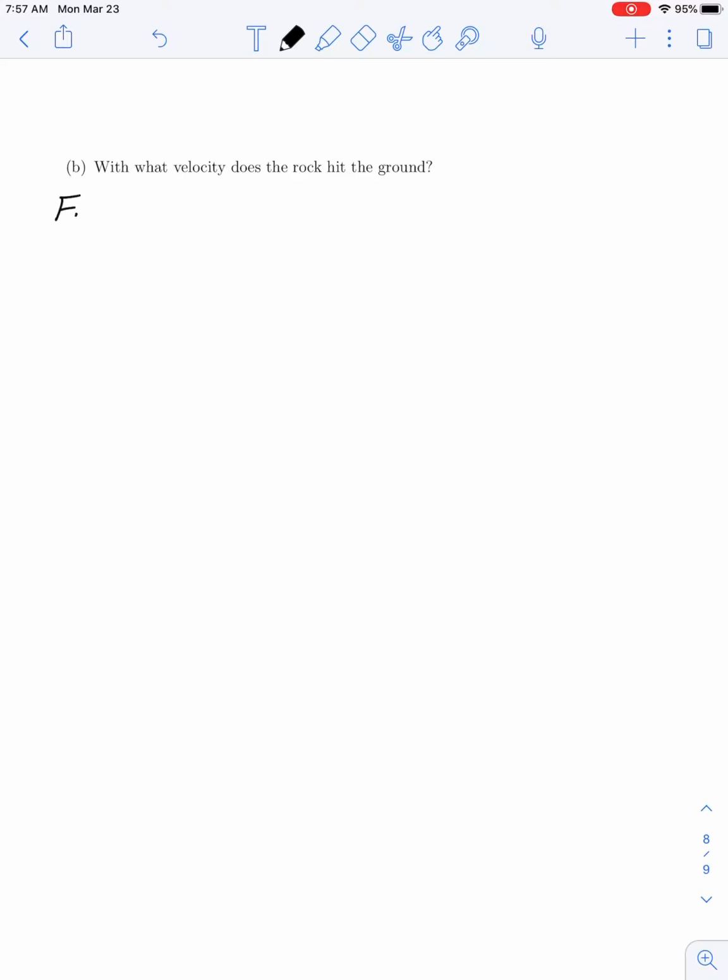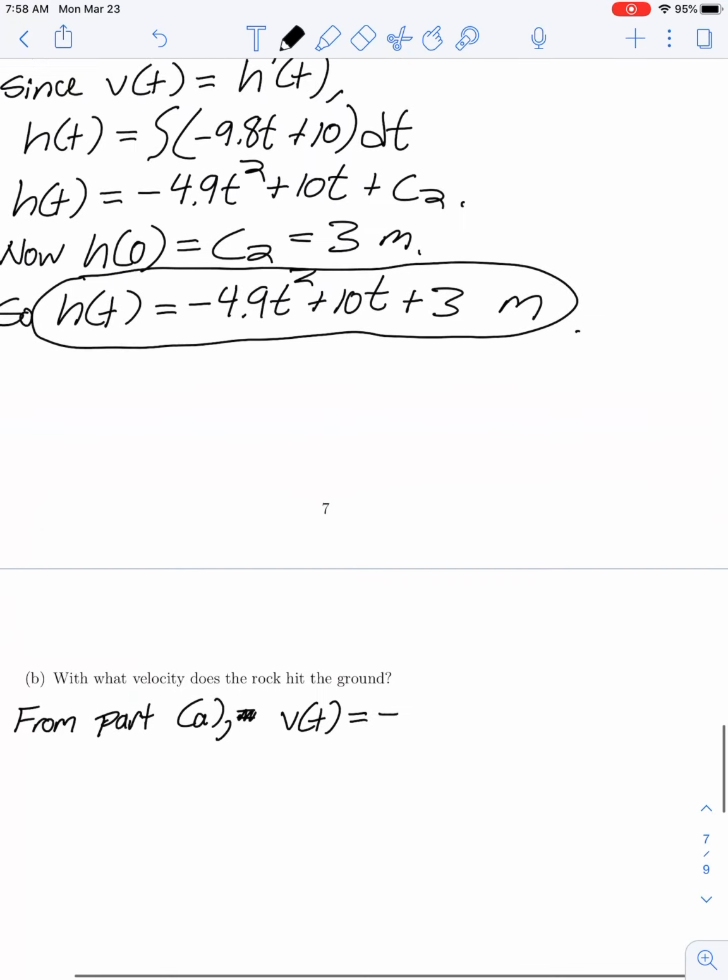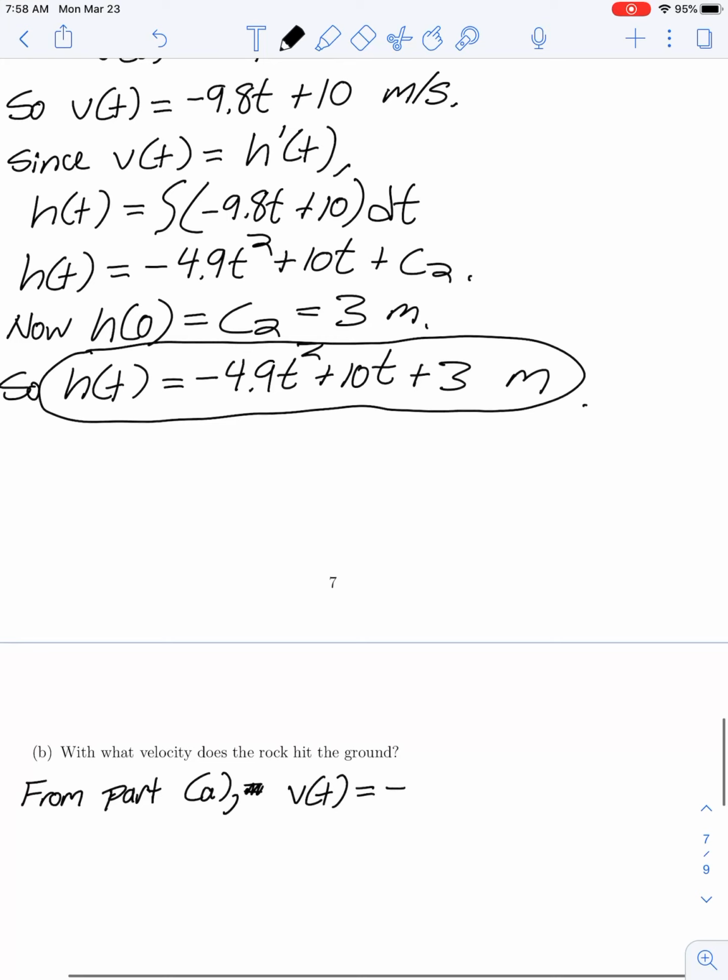Now, in the previous part of this example, from part A, we had found that the velocity function, v of t, was negative 9.8 t plus 10, where we're measuring in meters per second.